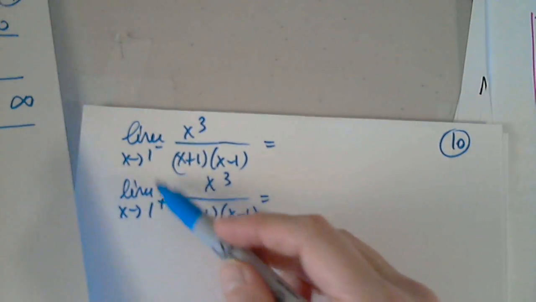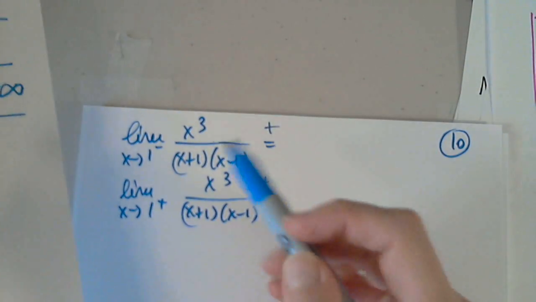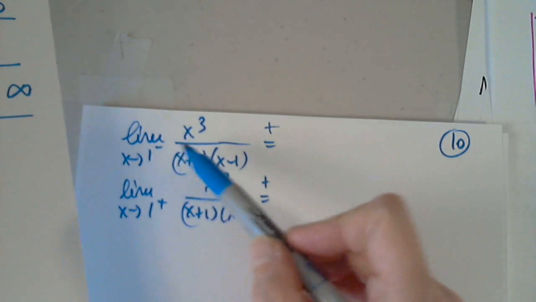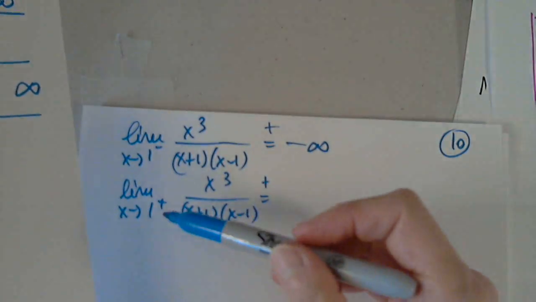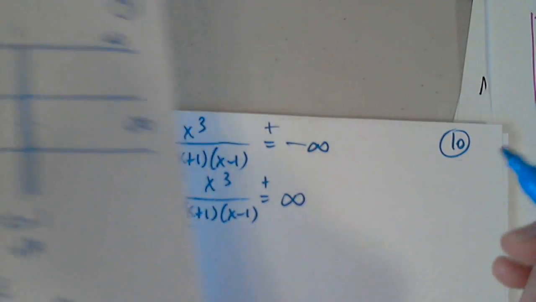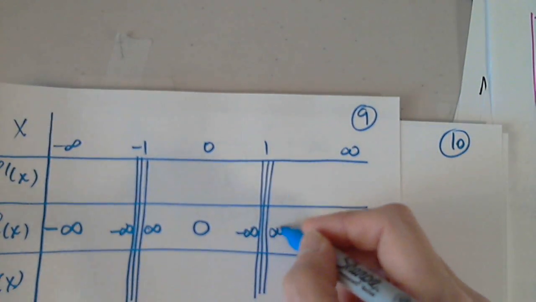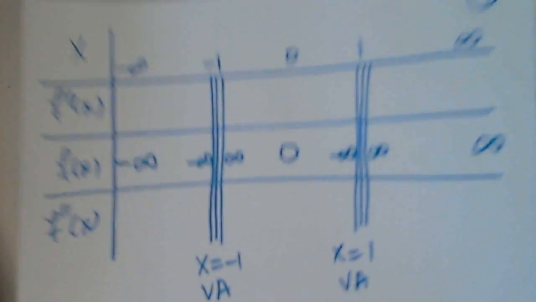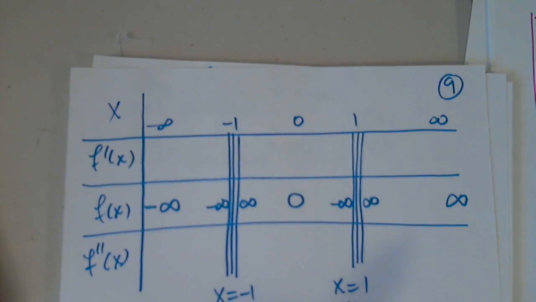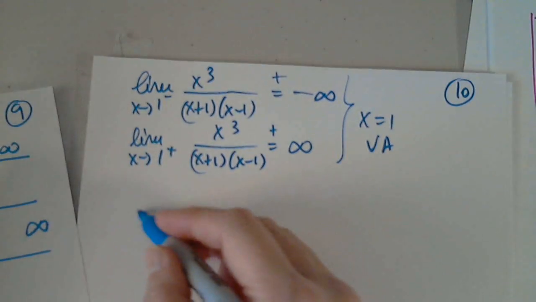So the top is positive in both cases. 1 from the left means 0.9. This will be negative. And 1 from the right, everything is positive. So negative infinity, positive infinity. And obviously x equals 1 is a VA, which we knew. Okay, that is done. The first derivative now.